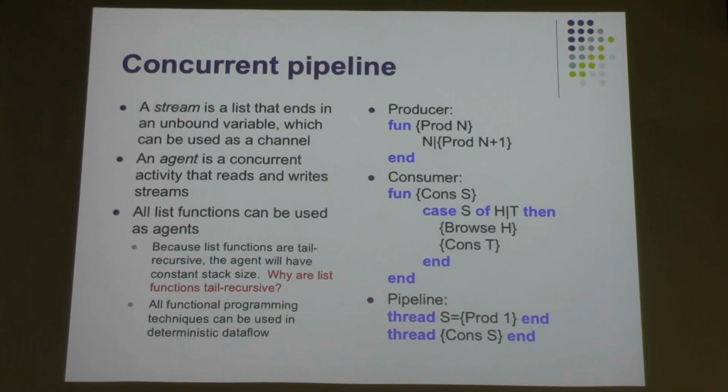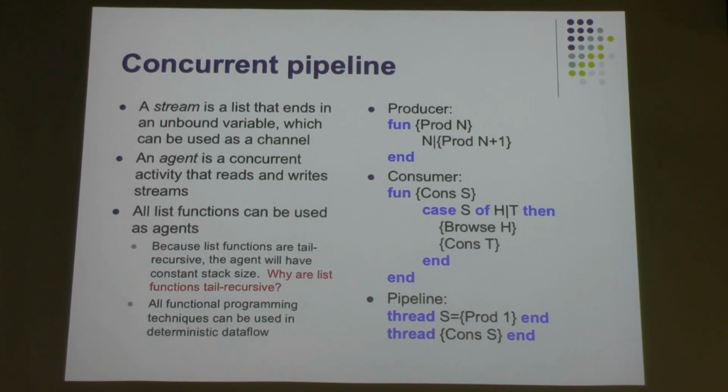And what we also saw in the previous course is how to do multi-agents. So here's an example of a pipeline, a producer-consumer. The producer and the consumer will run in their own threads.